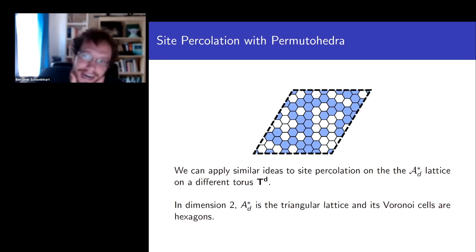So we would hope that we can make a higher dimensional generalization of that in the torus as well, and we can. We're looking now at site percolation on a lattice called the A star D lattice. I don't have time to define that for you today. But in dimension 2, it is the triangular lattice, and its Voronoi cells are hexagons like this.